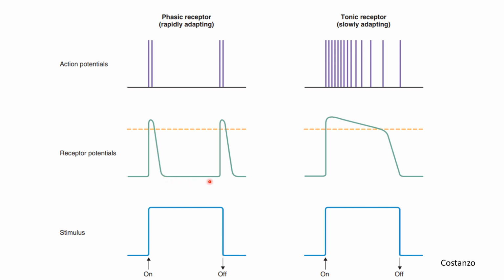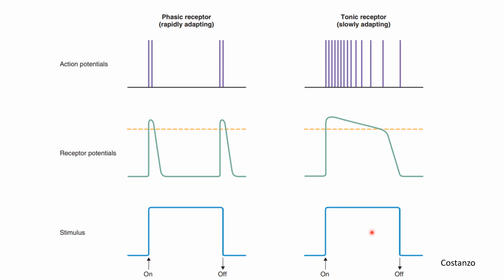There is no need to continue the high amplitude of the receptor potential, and so the firing until the end of the stimulus, which will be detected here, and action potential will reach the CNS, marking the end of this stimulus. This is in rapidly adapting receptors.